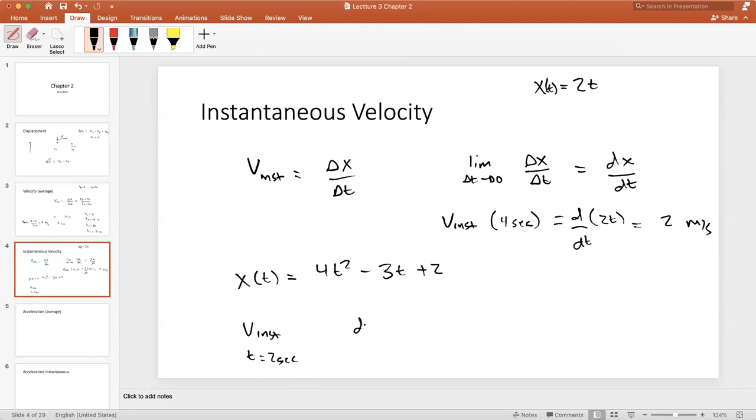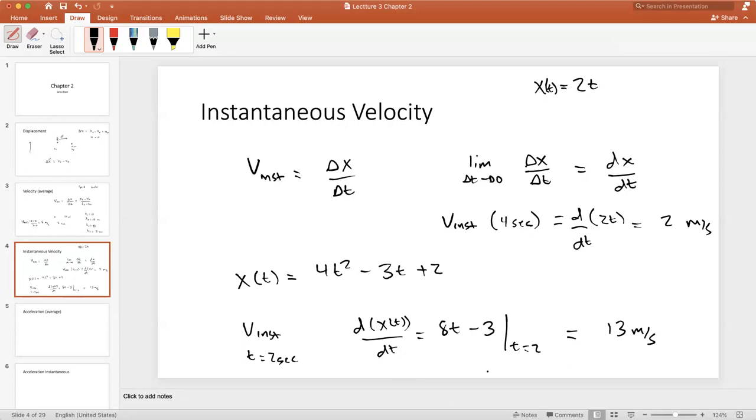And so if I take d of x of t with respect to time, I get the 2 comes down in front, and I get 8t. This t goes away, so I get minus 3, and the 2 is a constant, so it doesn't appear. If I then put in t is equal to 2, I see that I get 2 times 8 is 16 minus 3, I get 13 meters per second, okay?